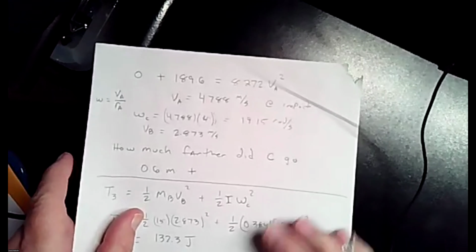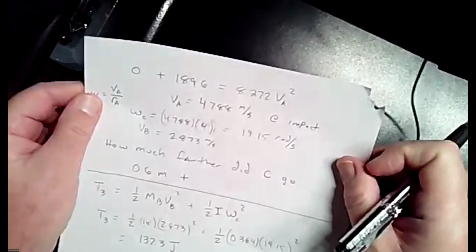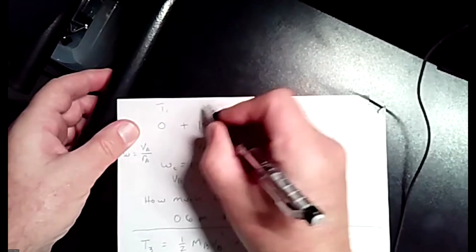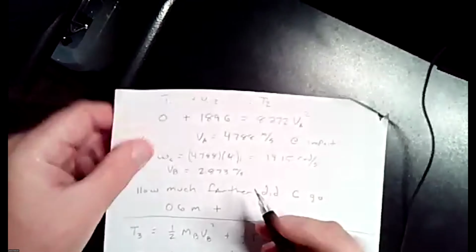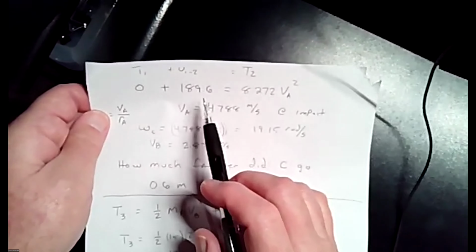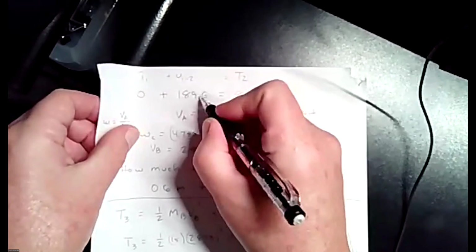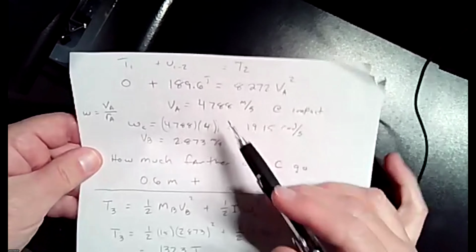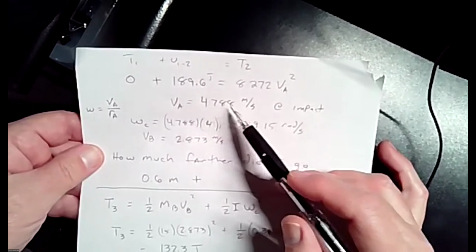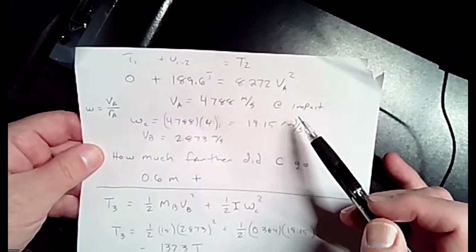So now we get T1, right, which was 0, plus U1 to 2 equals T2. And so 0 plus our 189.6 joules equals 8.272 VA squared. We're able to solve for VA and get 4.78 meters per second at impact.